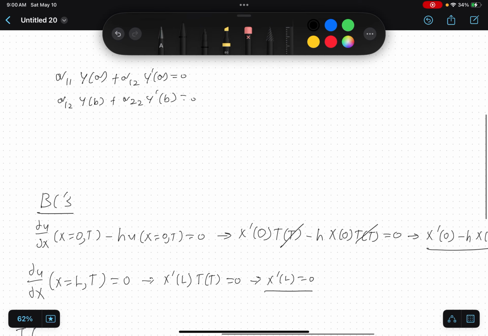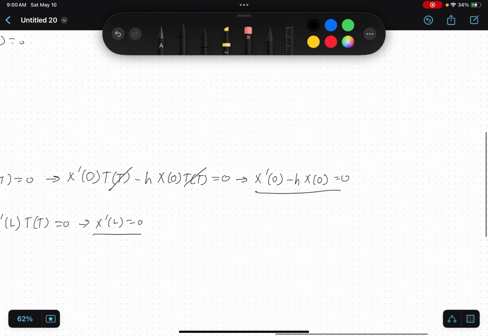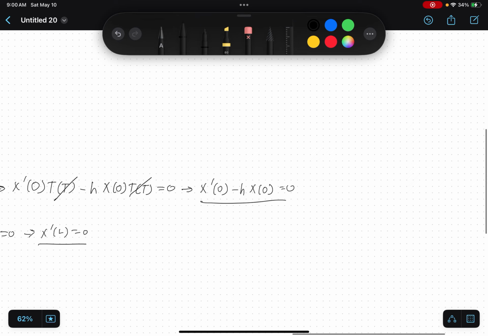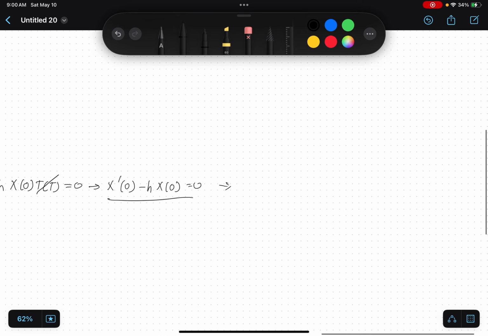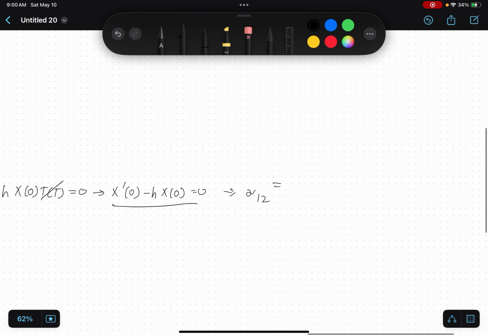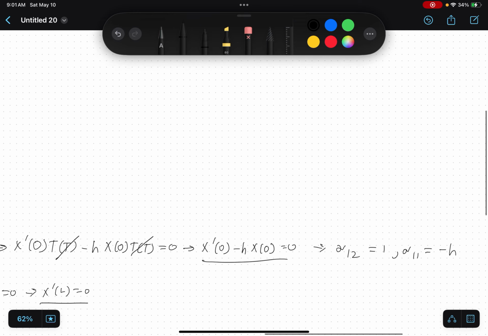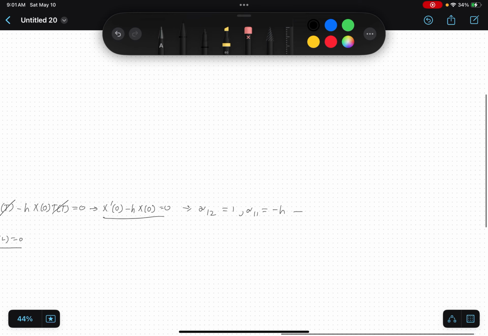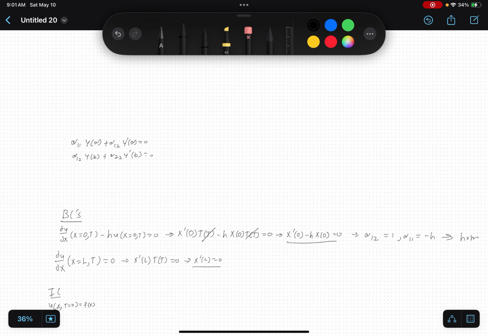Okay, so I was able to say that these two boundary conditions are homogeneous because A12 equals 1, A11 equals negative h. And because of this, it's homogeneous. Now, what does that mean?